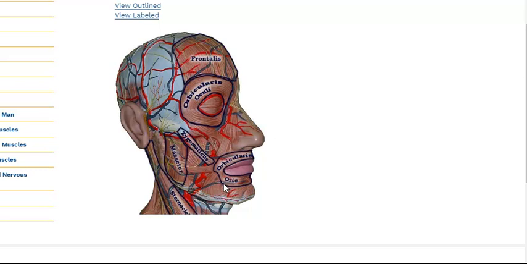And then the sternocleidomastoid is running down there. So we've already done the face. It should be fairly easy because other than sternocleidomastoid, it's all something we've talked about before.